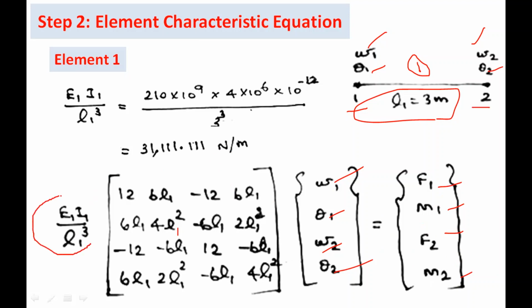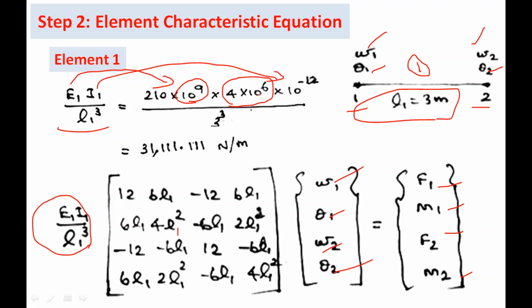This EI by L cube value is calculated separately. When you substitute the E value and the I value, you have to check the units carefully. E is 210 gigapascal, so 210 into 10 to the power 9 Newton per meter square, but the I value is given as 4 into 10 to the power 6 mm power 4.